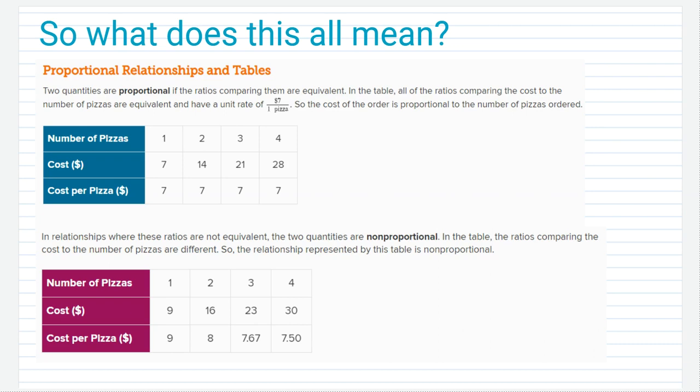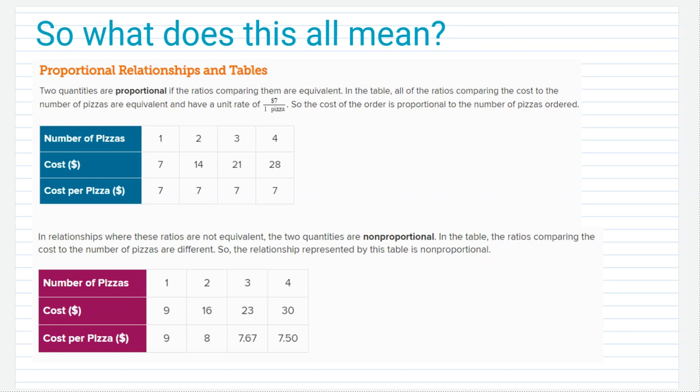So in the table, if those ratios comparing whatever two quantities we're comparing end up being different, then we have to conclude that it's non-proportional, and you cannot calculate the value of K without it being a proportional relationship. So constant of proportionality only works if the ratios are constant and it's actually a proportional relationship.